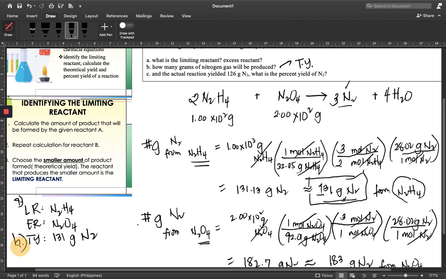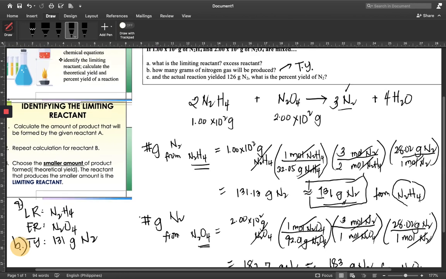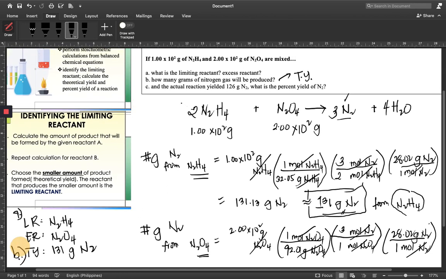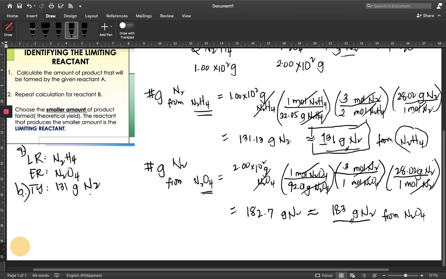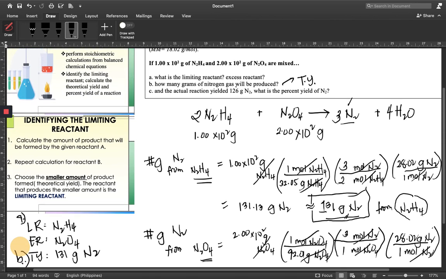And then we are also asked, if the given reaction happened, and this is a continuation of this stem in boldface, the actual reaction yielded 126 grams of N2. What is the percent yield of N2? So 126 grams of N2, I hope you know what quantity it is based on the clues.